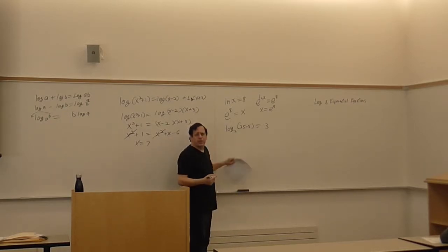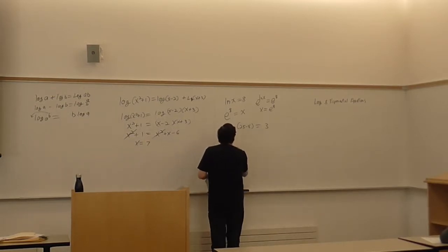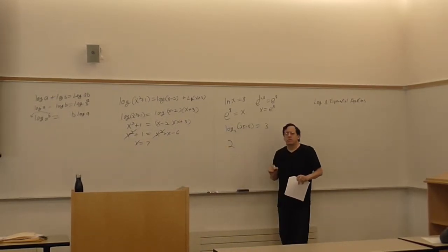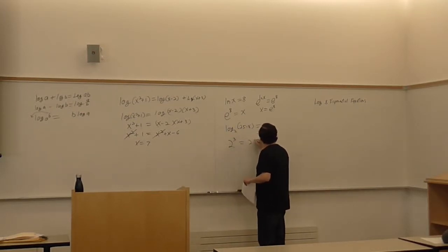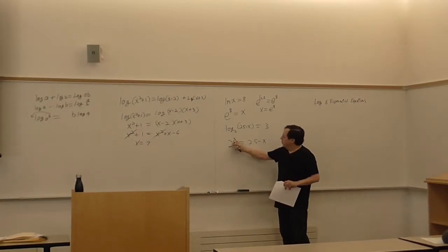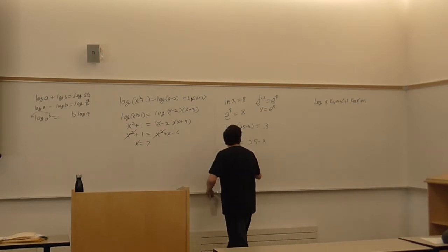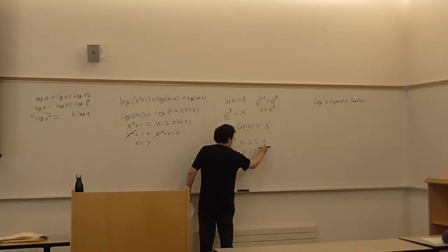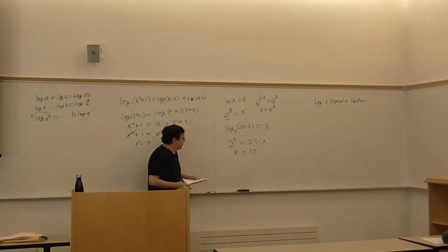What's my base here? 2. What's the exponent? 3. And that's just equal to 25 minus x. Well, 2 cubed is just 8. If I subtract 8 from both sides, I'm going to get 17. And if I add x to both sides, I'm going to see the solution is 17.